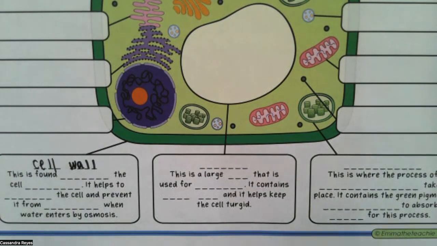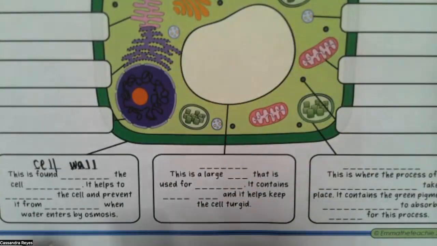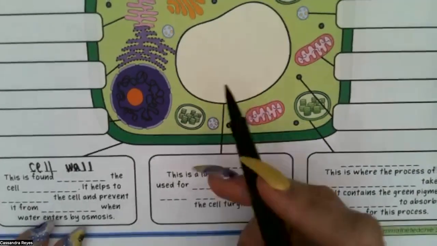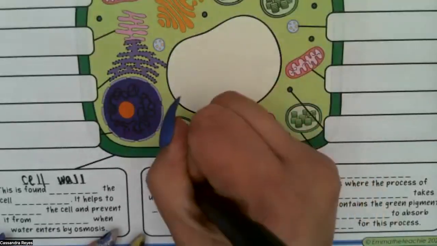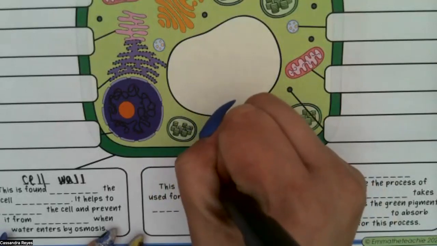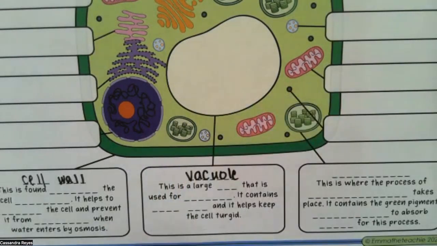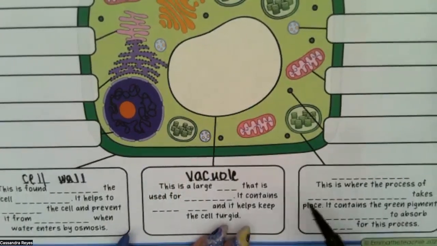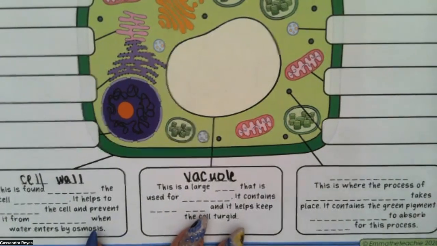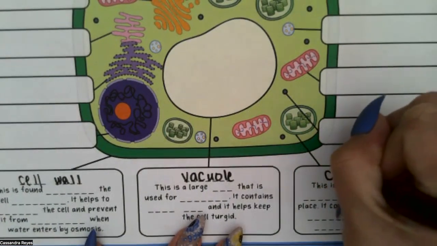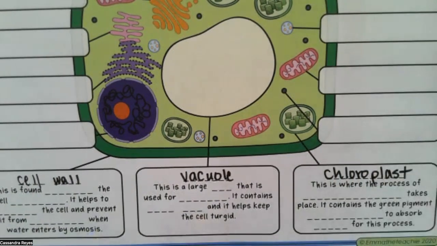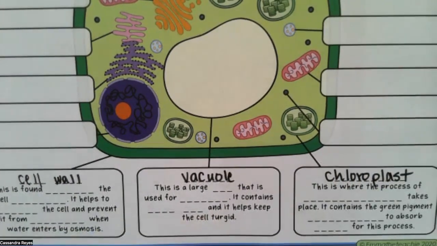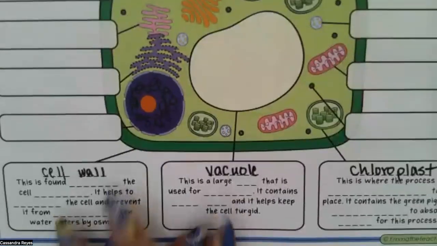So the cell wall is out here. It's this extra layer. We'll talk about it in a minute. Next to it, this big swimming pool is called the vacuole. And lastly, the last thing we're going to talk about here is the chloroplast.